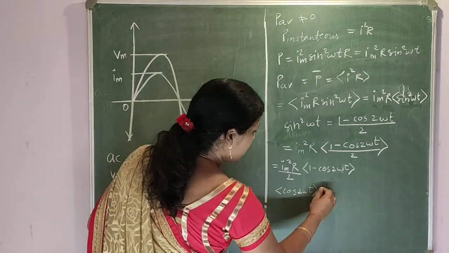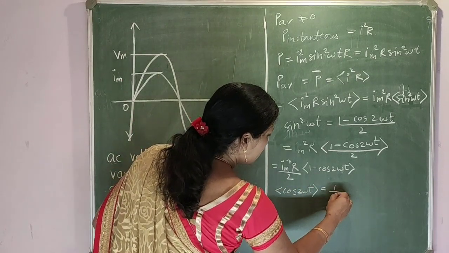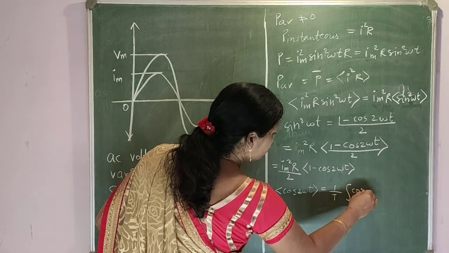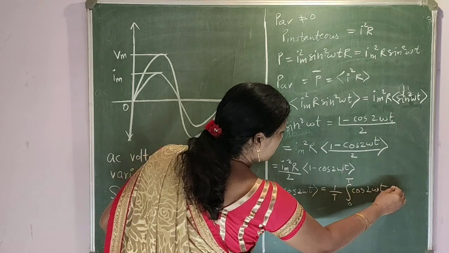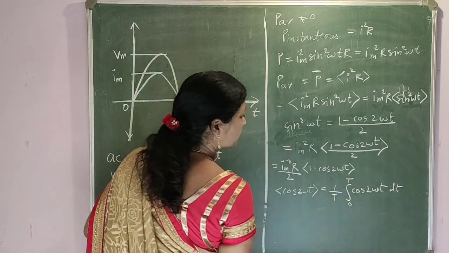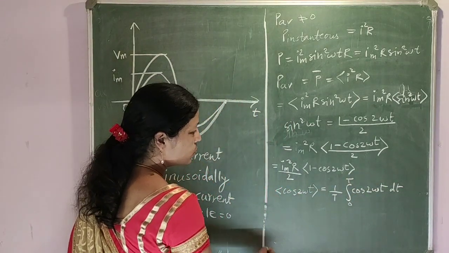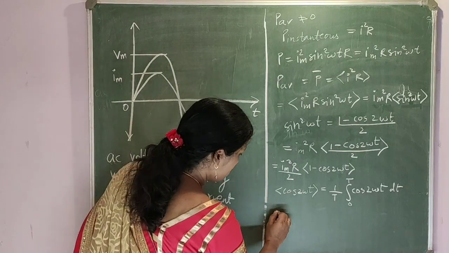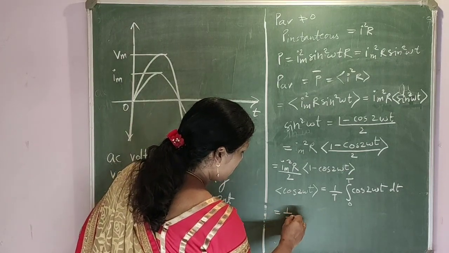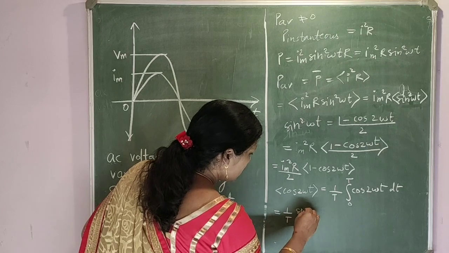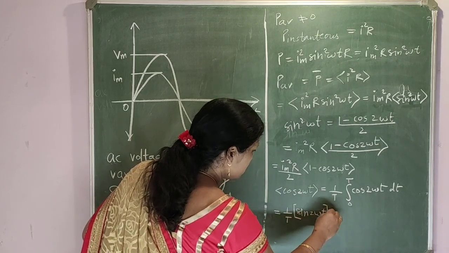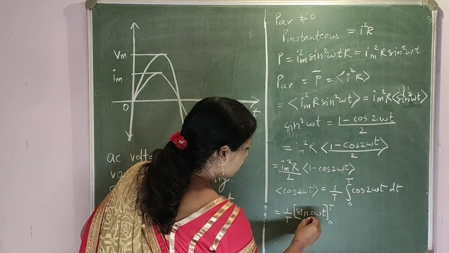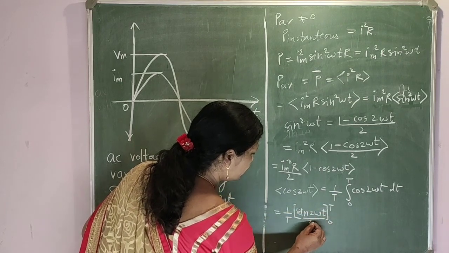Here we are taking 1 by T integration of cos 2 omega t from 0 to T dt. Integral of cos is sine, you know. So 1 upon T, sine 2 omega t, and the limits are 0 to T, upon 2 omega.